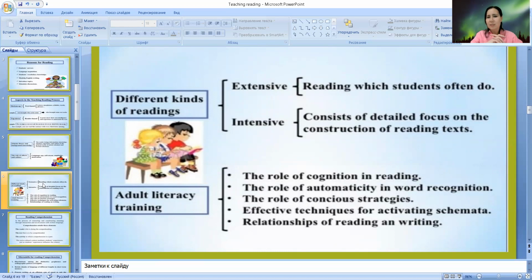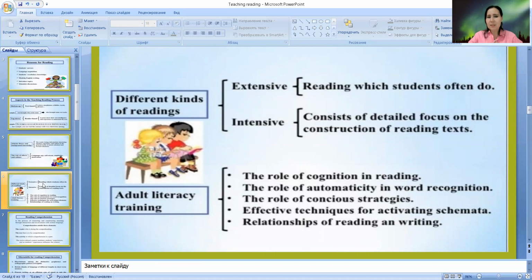Extensive reading is when students can read the whole text and get the meaning of the whole text. For example, one topic can be included for extensive reading, one text, and the students can understand and get the meaning of the whole text.